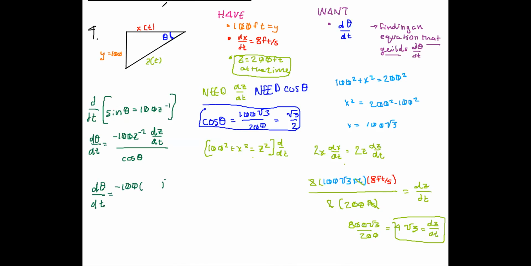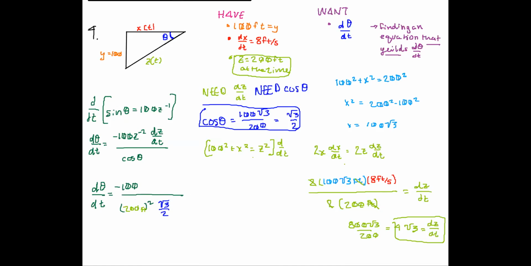And I can just go ahead and instead of putting z up top, I'll say that this is divided by z squared, which in this case is 200 feet. Then cos theta is going to be root 3 over 2.